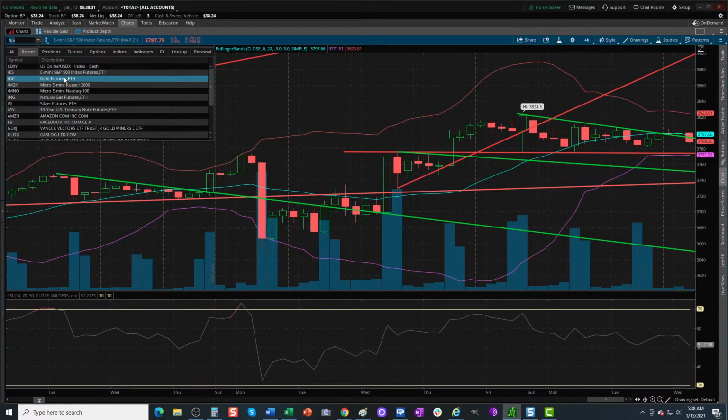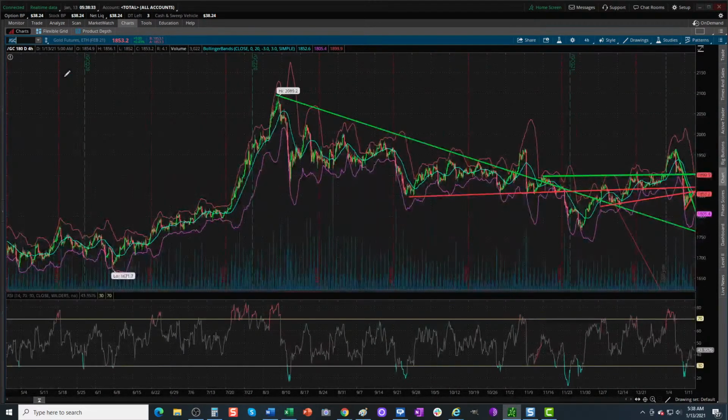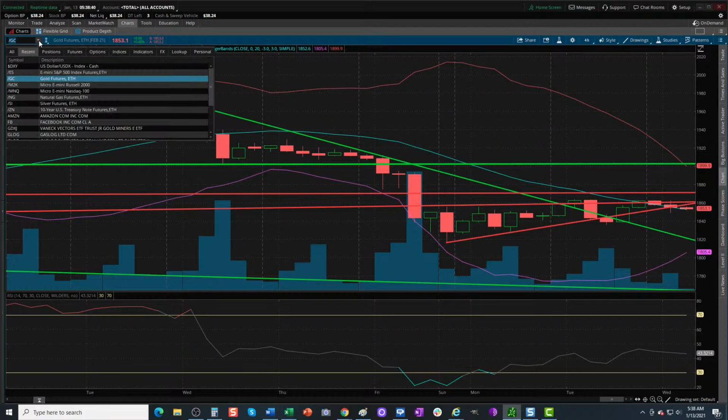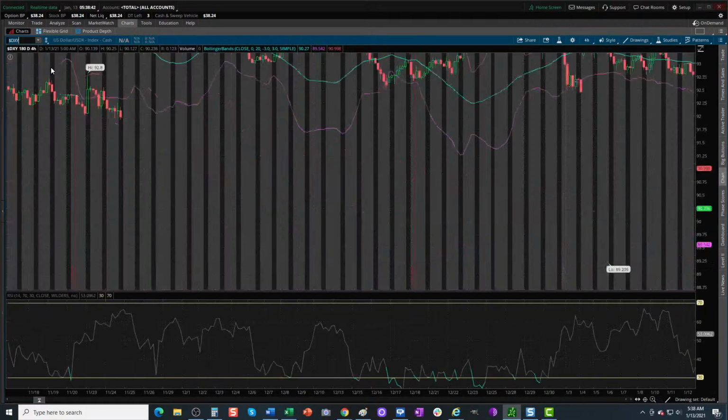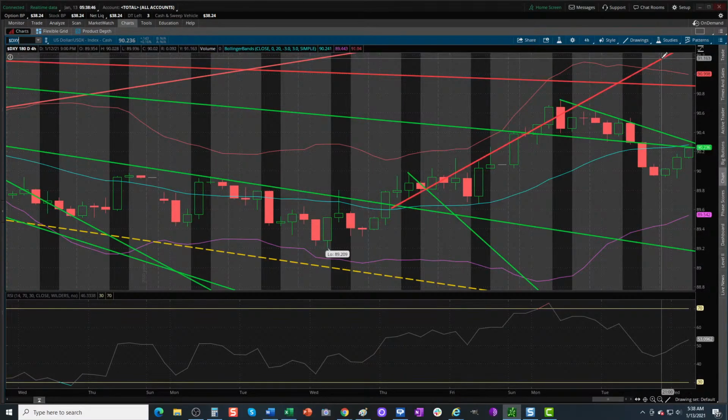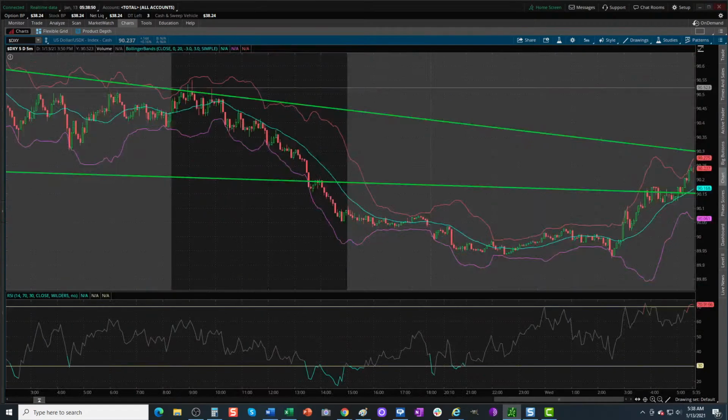What's gold doing? Not much. Fading. Check out the dollar. The dollar gaining strength here. 5-minute chart.